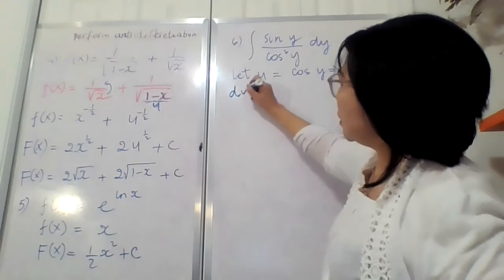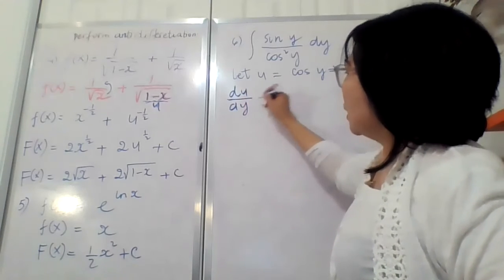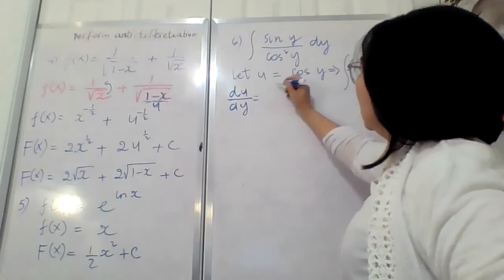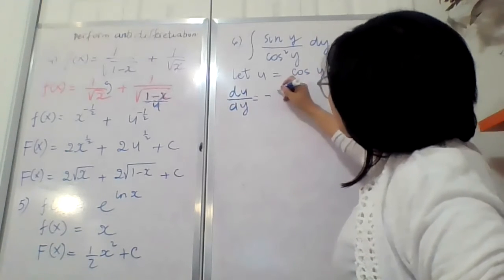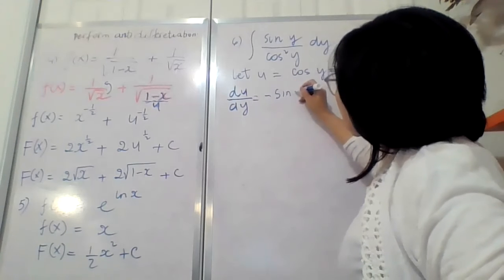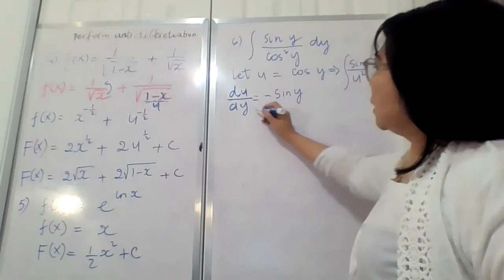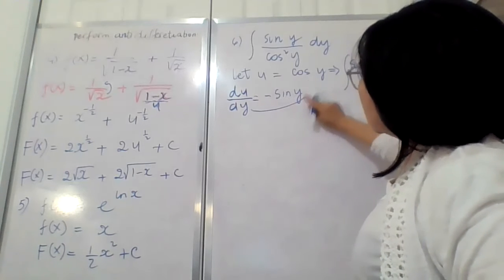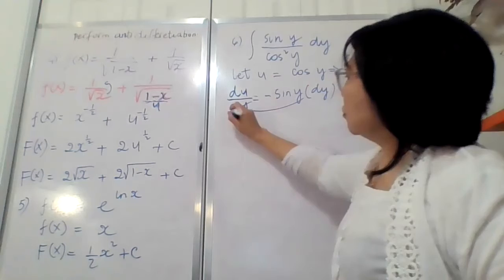When I let u equal cos y, I'm going to take the derivative of u. Therefore, du over dy will be equal to the derivative of cos y, which is negative sine y. I'm going to kick this dy up here, multiplying by dy, and cancel this down here.